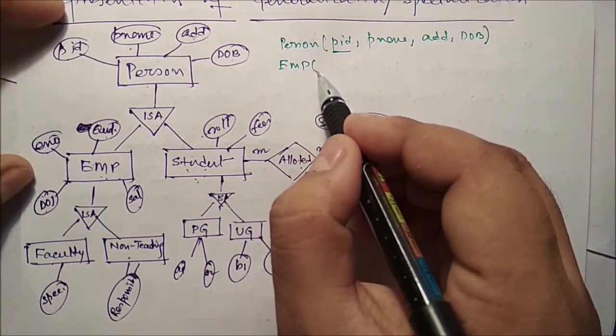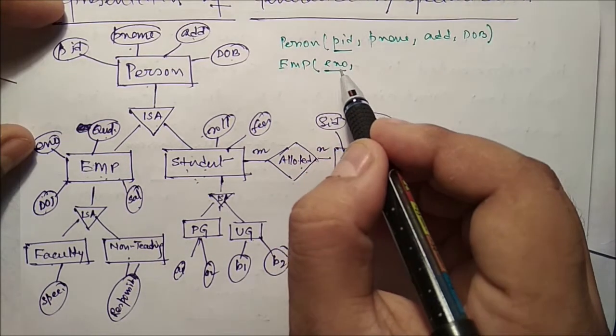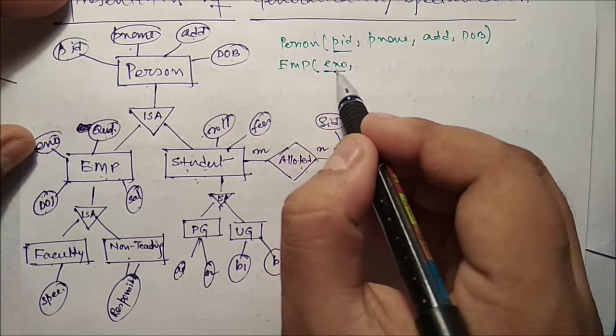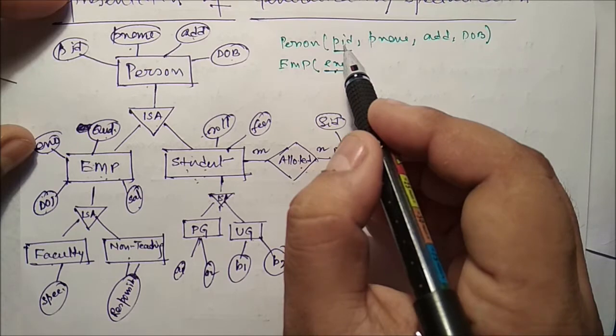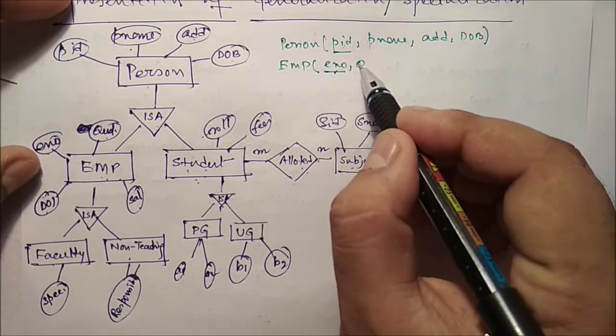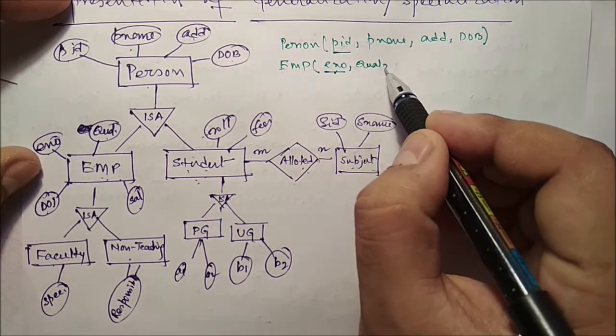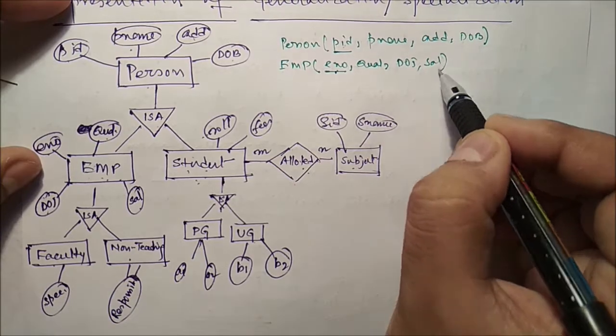Here it should be employee number, which is a primary key as well as a foreign key. That means a relationship is there, so it should be a foreign key of this one. Then qualification, date of joining and salary.